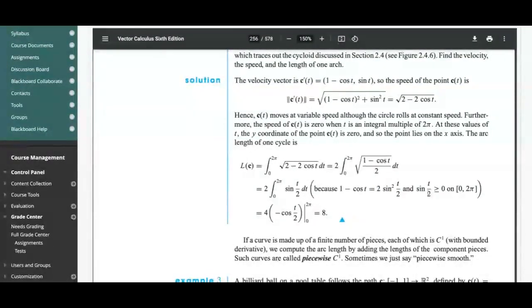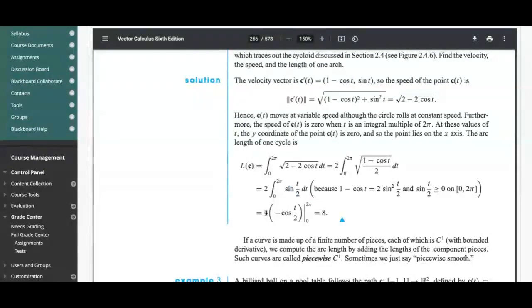Then sine of t over 2 is greater than or equal to 0 on 0 to 2 pi. So we integrate this. We know sine comes from negative cosine integration, right? And because of the t over 2, we have to offset when we integrate, so we multiply by 2.